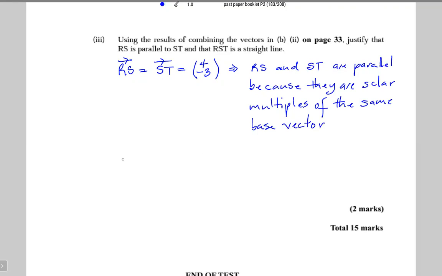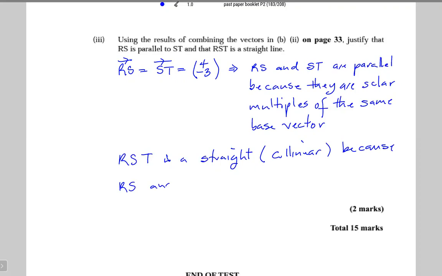And R, S, and T is a straight line, collinear, because RS and ST are parallel and S is a common point.